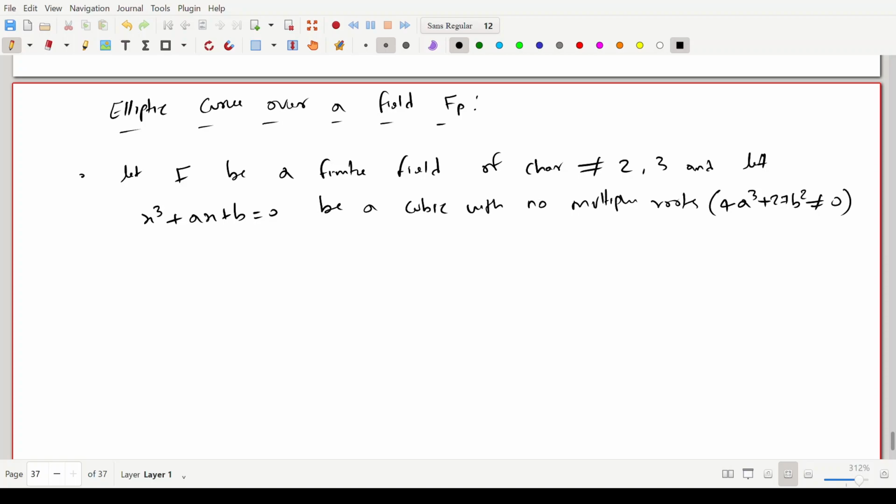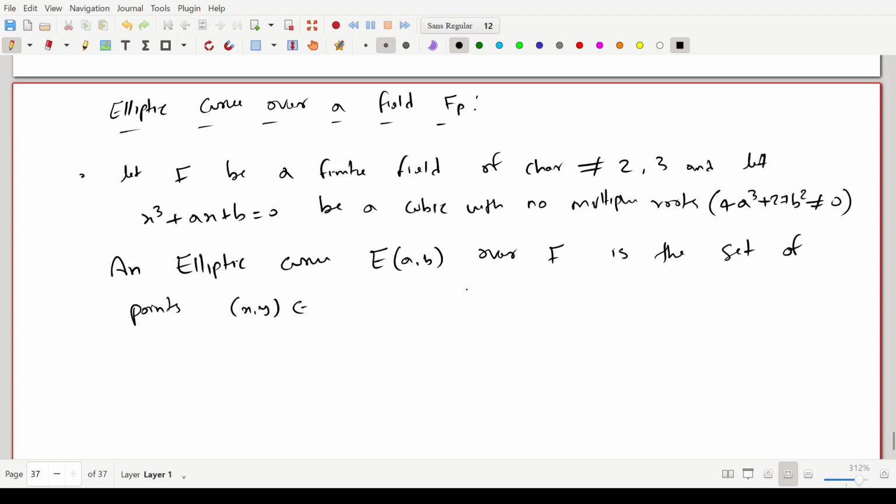Okay. So an elliptic curve, we denote it as E_a,b over F, is the set of points (x, y) belongs to F cross F, satisfying the Weierstrass equation.